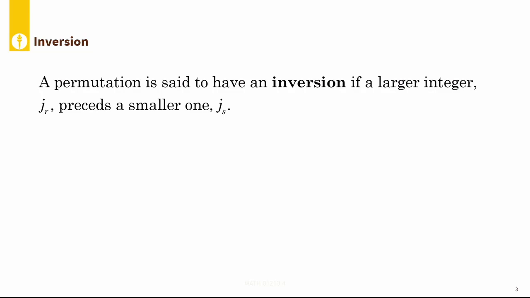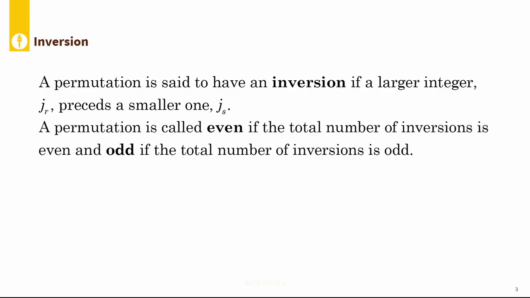So every time in your permutation you have a larger number coming before a smaller one, it's an inversion. We call a permutation even if the total number of inversions is even, and odd if the total number of inversions is odd.